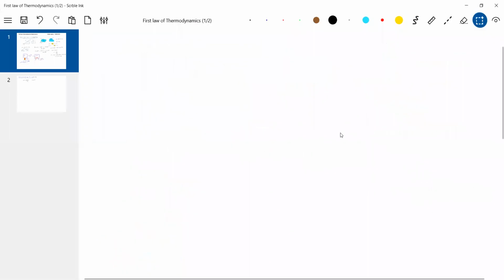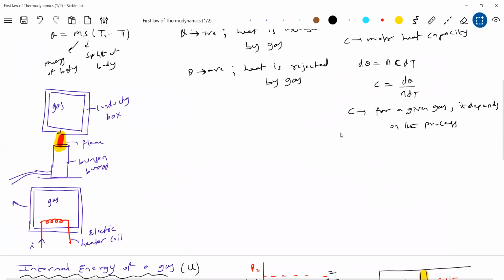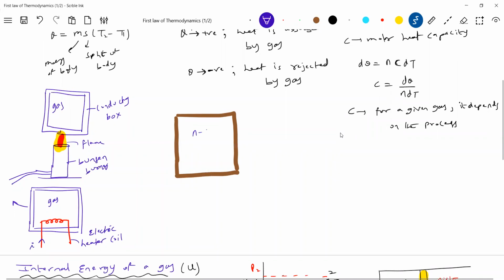I'll take a container and fill it with n moles of gas. I'll supply heat. It's a rigid container, a 3D diagram, with temperature T1 going to T2.